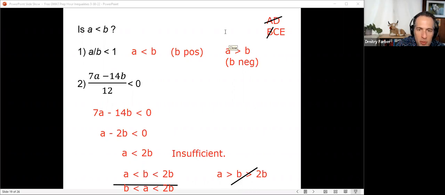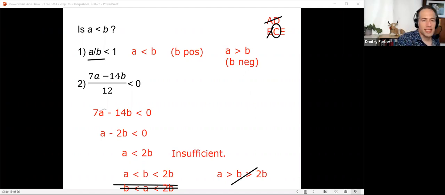Well, it can't be 2B is less than B if B is positive, right? 2 times the number can't be. So I could think about this, but hold on, would that fit that A over B is less than 1? Right? If A is greater than B, then that first statement wouldn't work. So I actually have to cut this. We can actually prove C here, right?